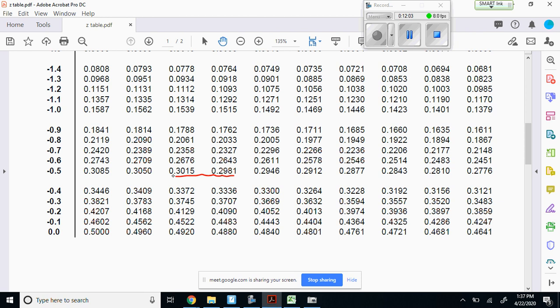So we got to look at negative 0.52, right? And negative 0.53, correct?